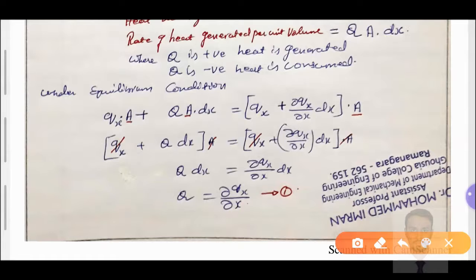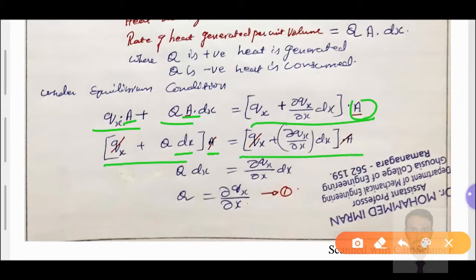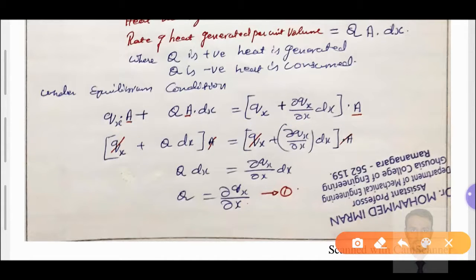Now rearrange this equation: q of x A plus capital Q A into dx, the heat generated by the system. I'll take A common on the left hand side: q of x plus Q into dx remains, and then we have A outside. Directly we have copied this again, then rearrange the equation and cancel the left hand side and right hand side values.